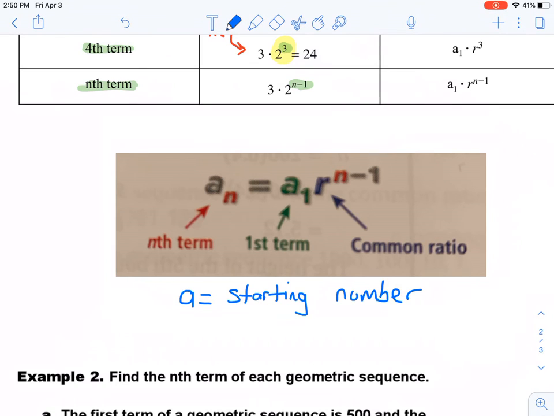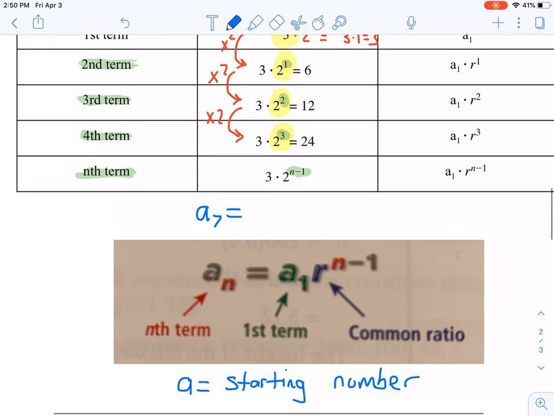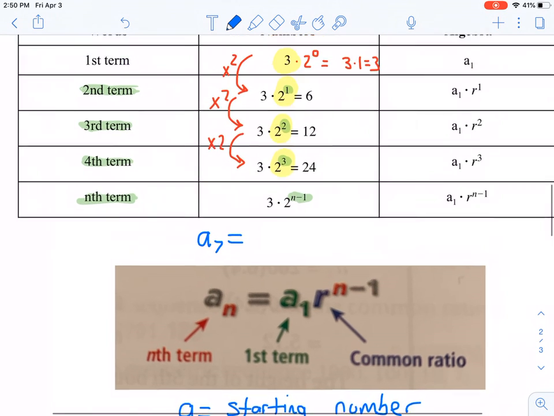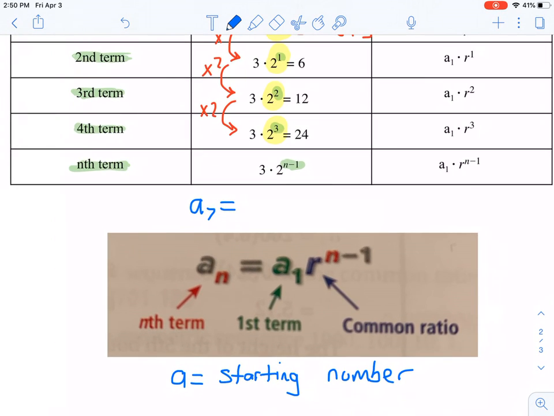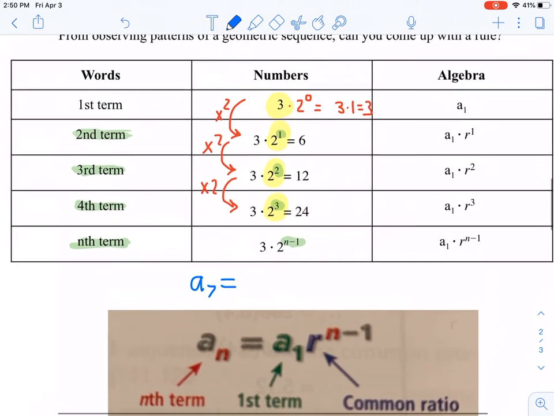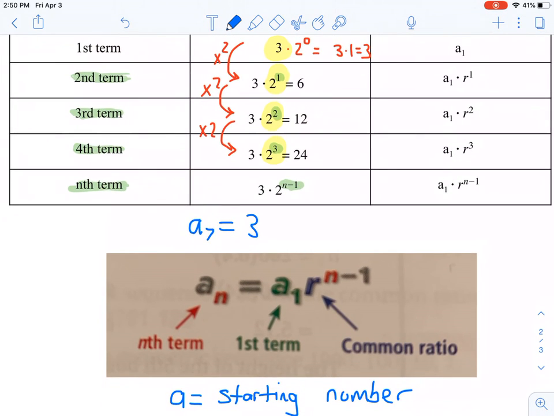So for example, if I go back up to this example, if I want to know what A sub 7 is, that would be the 7th term of this sequence up here, right? So then I would just follow this through. Well, I start with the first term, which is 3, multiply it by the common ratio, which is 2, raised to the n minus 1 power, which would be to the 6th power.